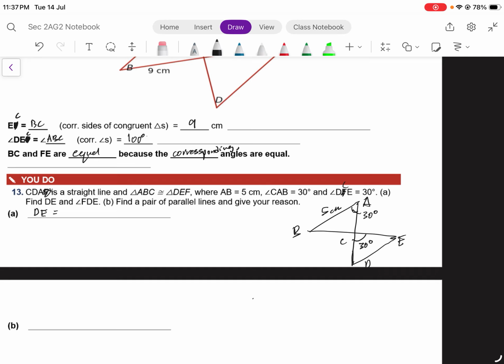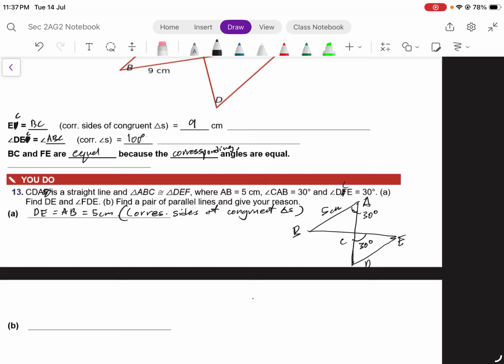So DE equals to AB, which equals to 5 cm, corresponding sides, or congruent triangles.